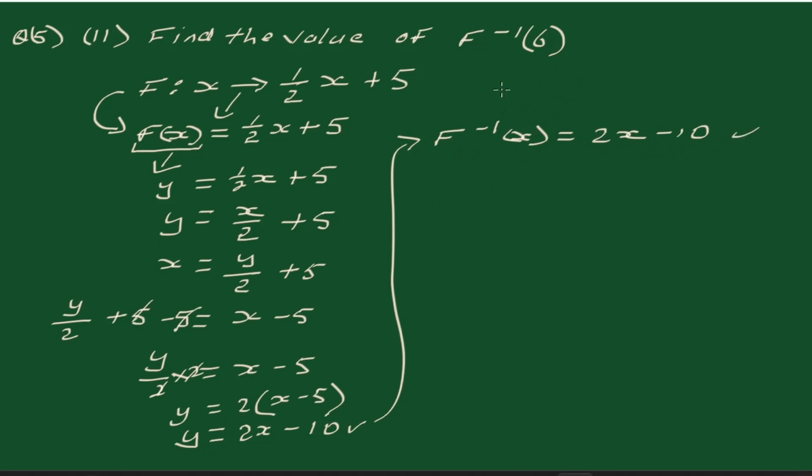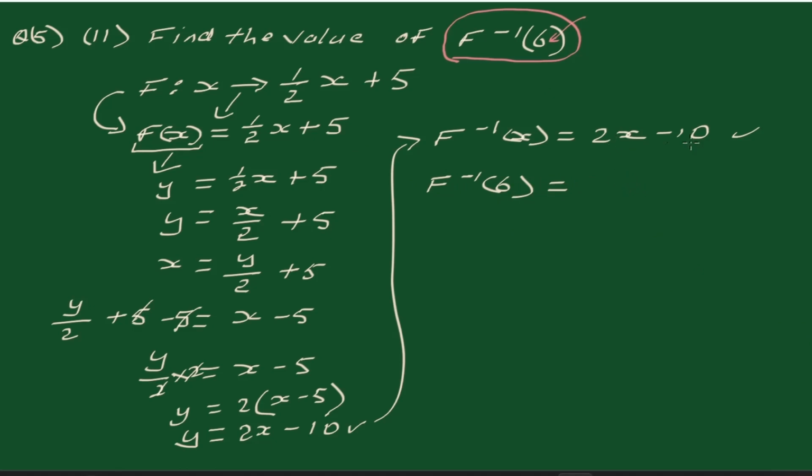Our final step now, because the question asks us, they want to work out the inverse function with 6 as the input value. So now we're going to restate our function. So now our input value to the function is 6.